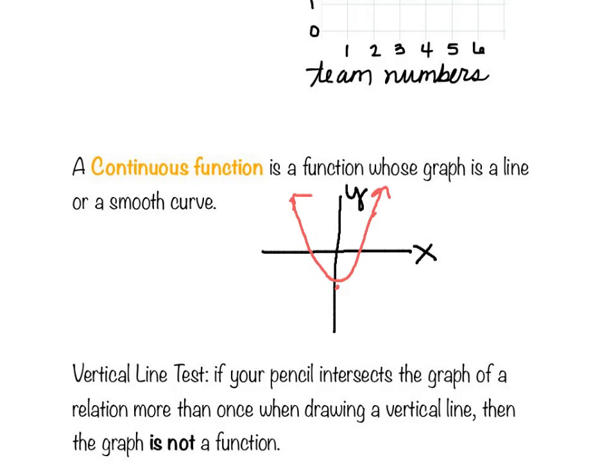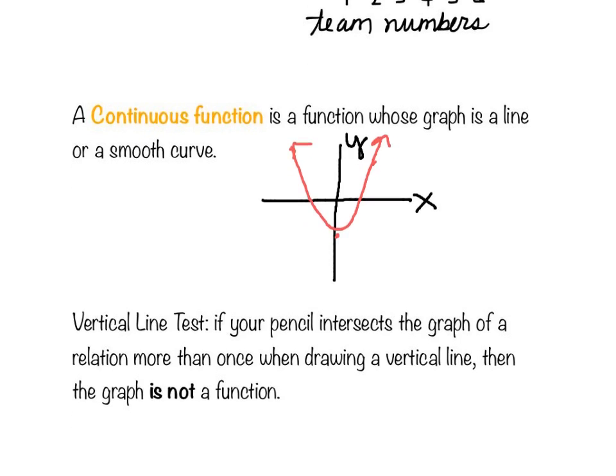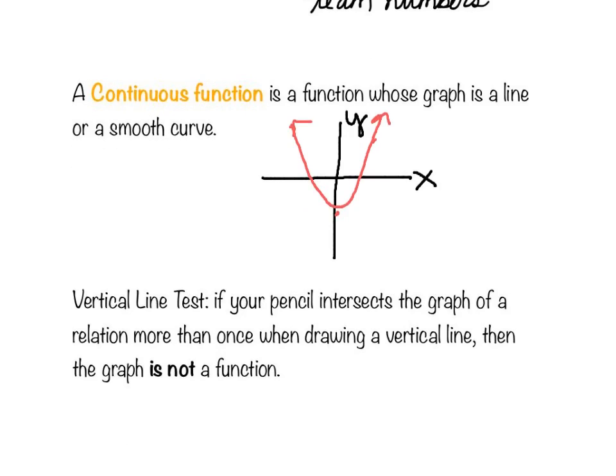When you're viewing a function on a graph, it's very easy to tell whether or not it is a function if you learn how to take the vertical line test. A vertical line test is very simple to do. If your pencil intersects the graph of a relation more than once when drawing a vertical line, then your graph is not a function.